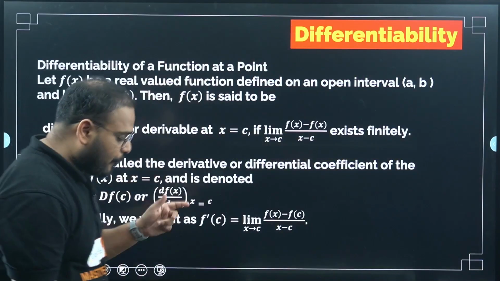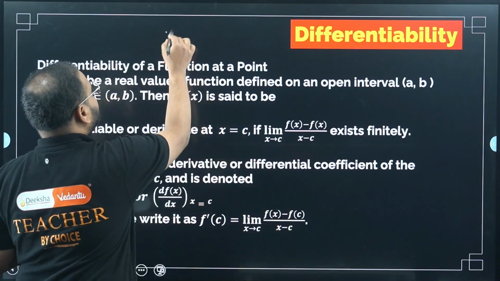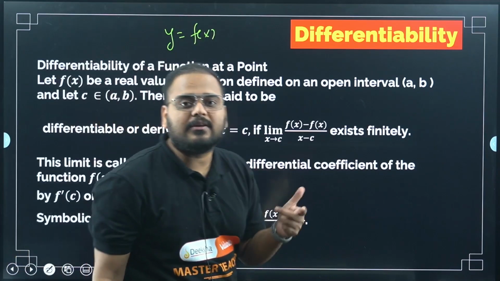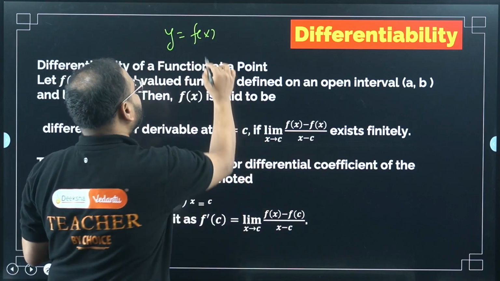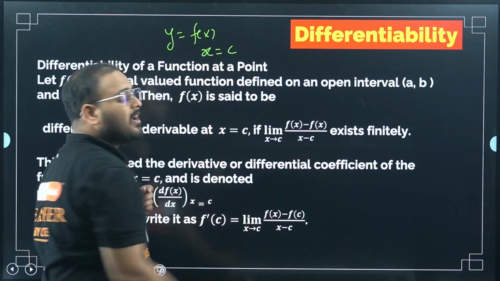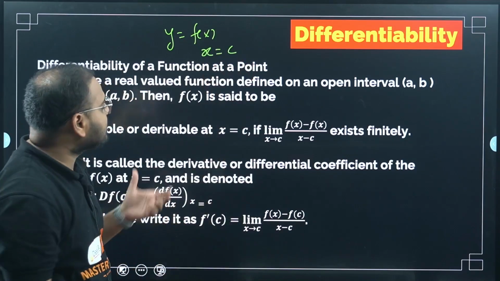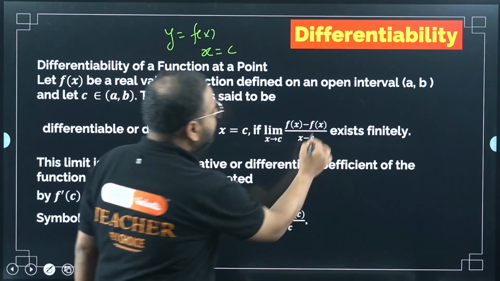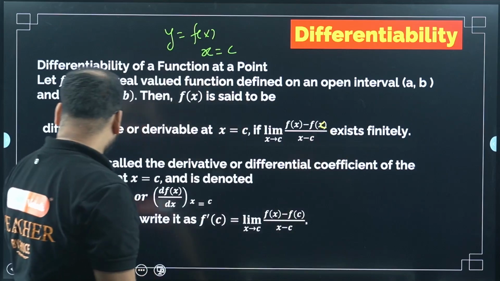Differentiability of a function at a point means, for a given function y equal to f of x, we are checking whether the function is differentiable or not at a point x equals to c. So when can I say that? Little correction, this should be f of c.